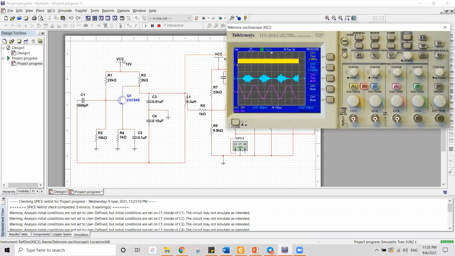So what is an oscillator? An oscillator is a device that produces oscillation. Oscillation generates a repetitive waveform. Oscillators are divided into two types: untuned oscillator and tuned oscillator.